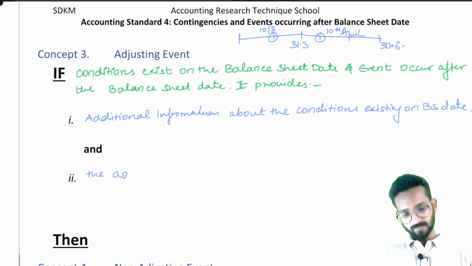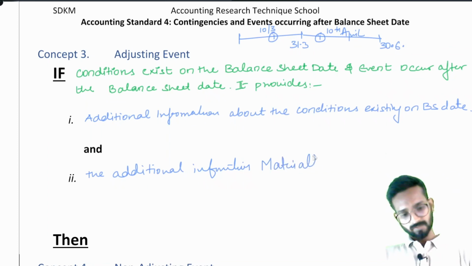And remember this, the additional information materially affects the amounts on the balance sheet date.